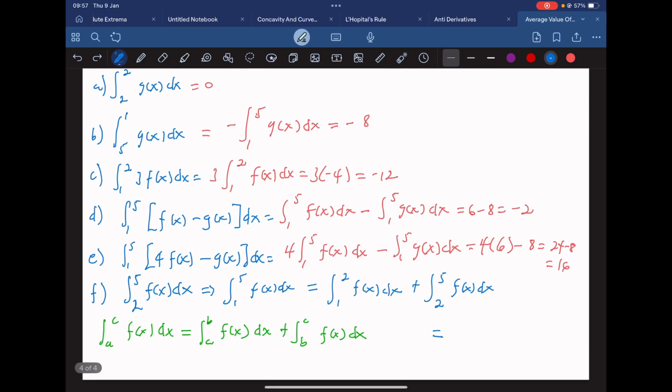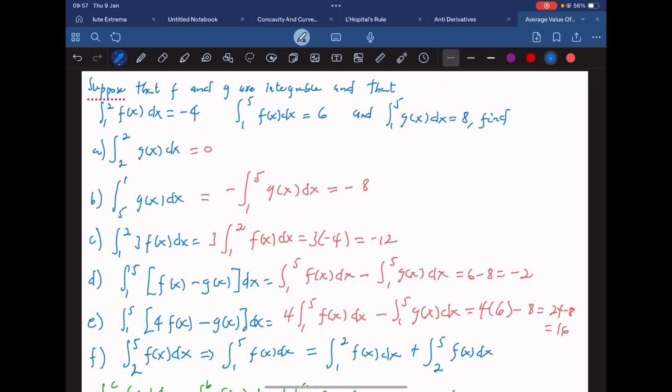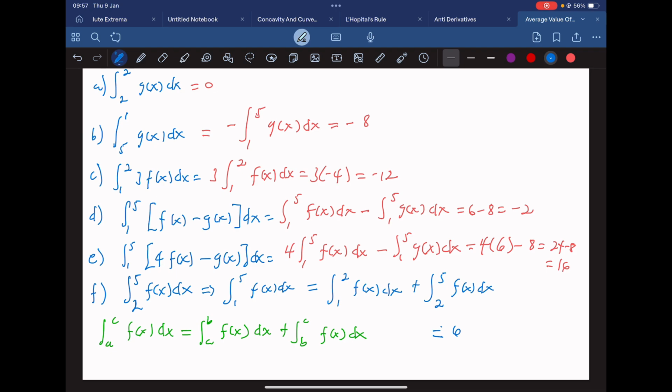So we have 6 here. And how about 1 to 2? We have that 1 to 2 was given to be negative 4.